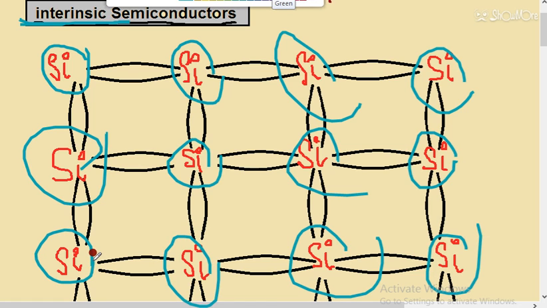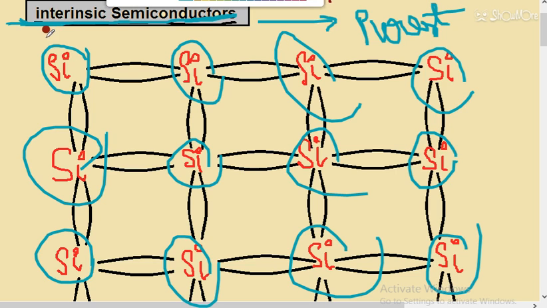Everywhere silicon is present in the semiconductor, this is called intrinsic semiconductor, and it is the purest form of semiconductor. No impurity is there, so it is also called the purest form. It can be asked which is the purest form of semiconductor, so you have to answer intrinsic semiconductor is the purest form of semiconductor.